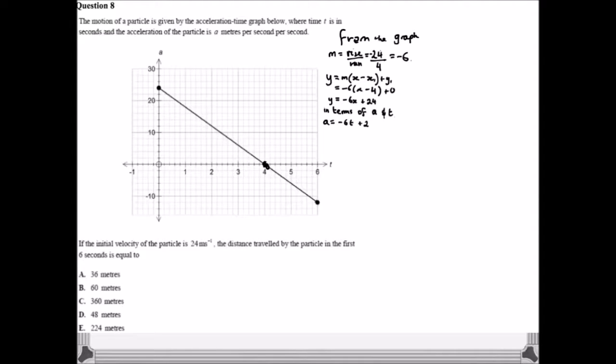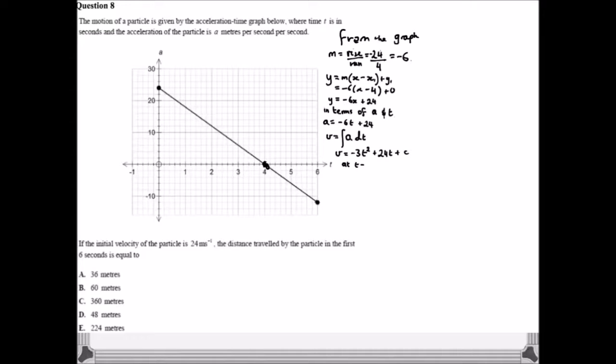Now, from that, we have to work out what is going to be the position, and then we can get the distance traveled. Okay, so we have to use calculus. We have to integrate twice. First, we can integrate to get the velocity. Okay, and so we get a quadratic from a linear function.